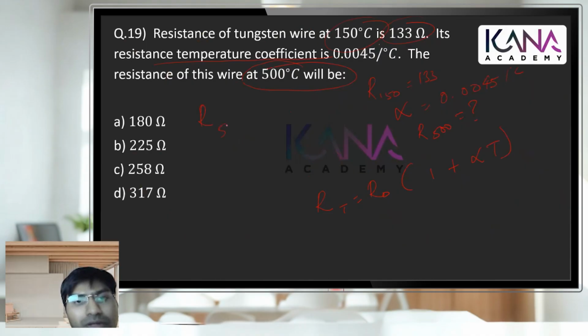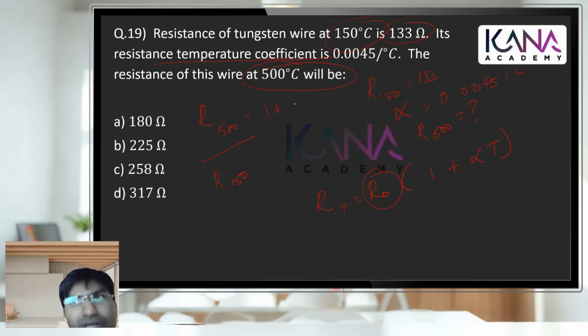If we solve it on a ratio basis, we don't need the R0 value. R500 has a formula, and then we divide that with the R150. So R0 will get cancelled.